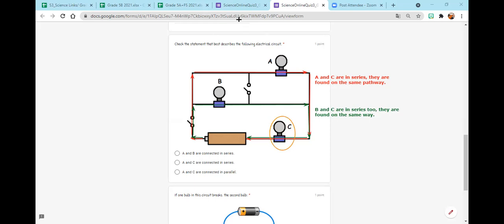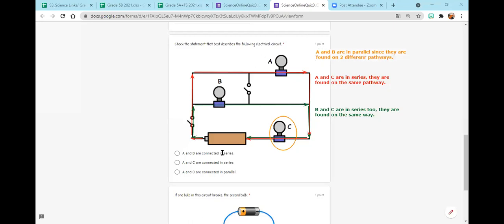So A and B are what? A and B are in parallel, since they are found on 2 different pathways.